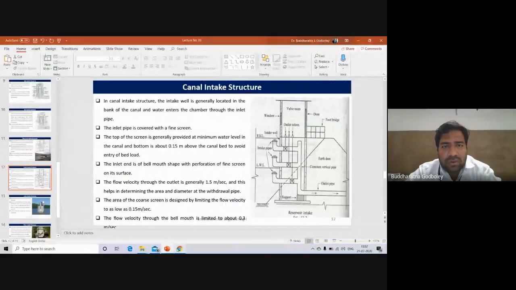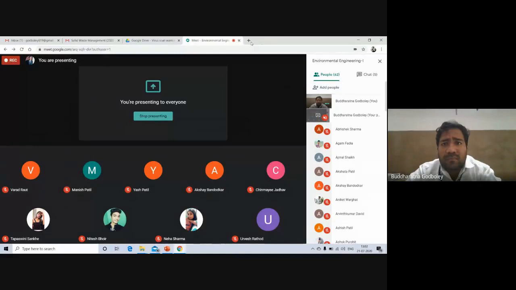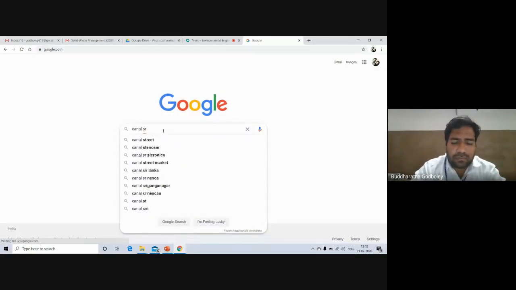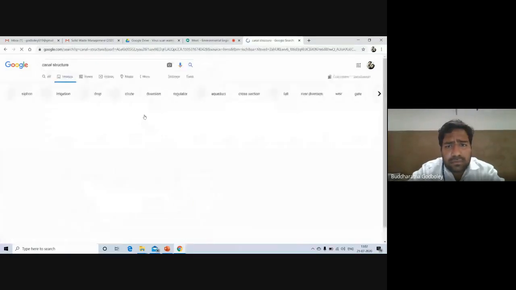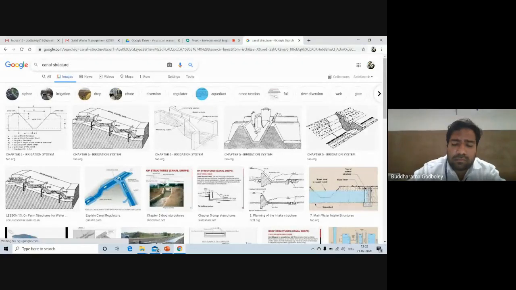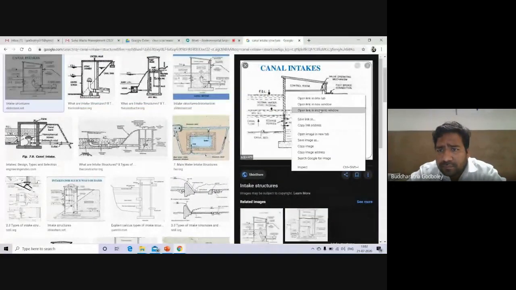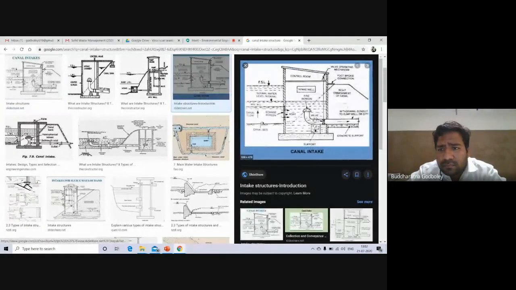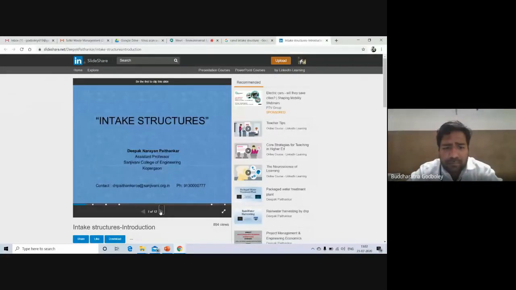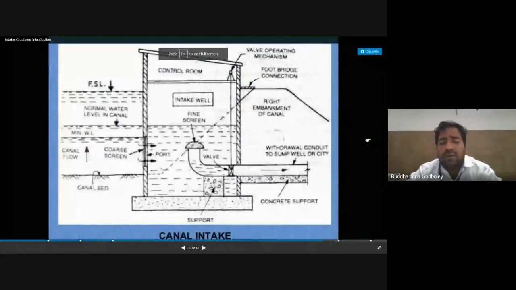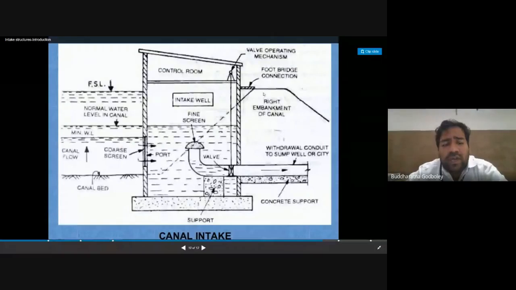Just give me 2 minutes, I will show you what a canal structure is. So this is a canal intake structure, where it will be near the canal.